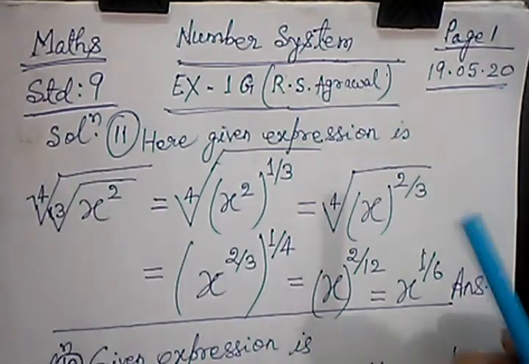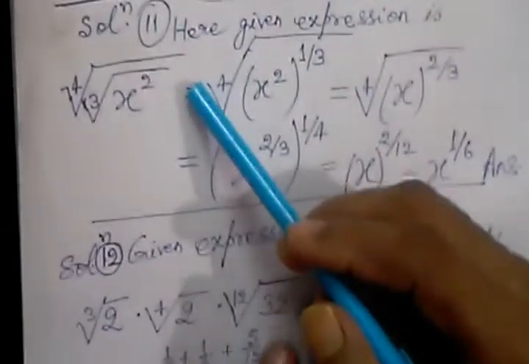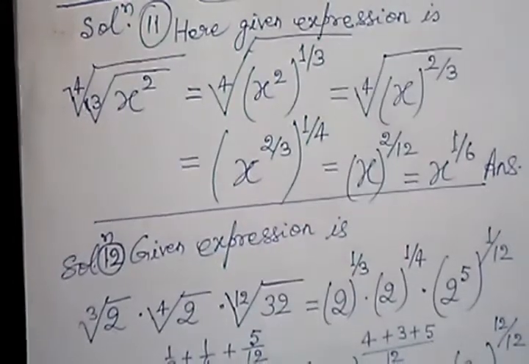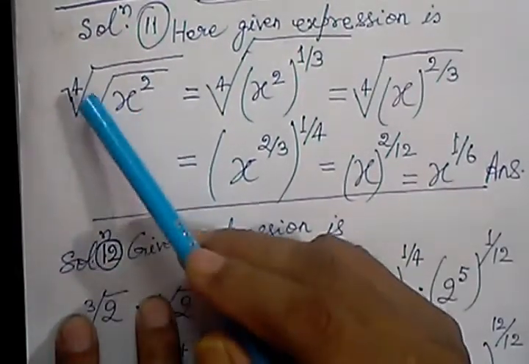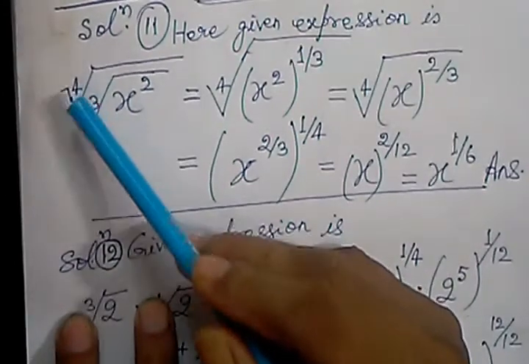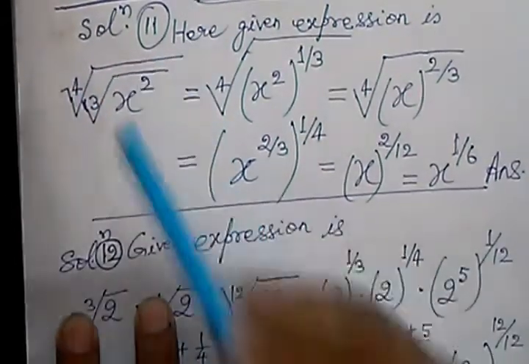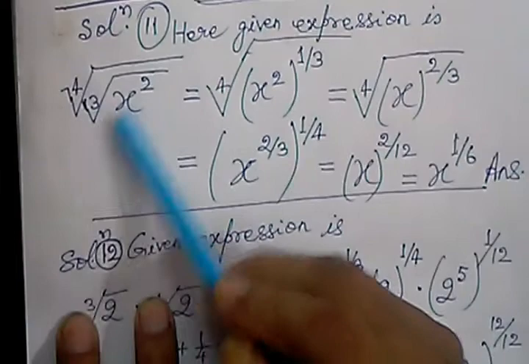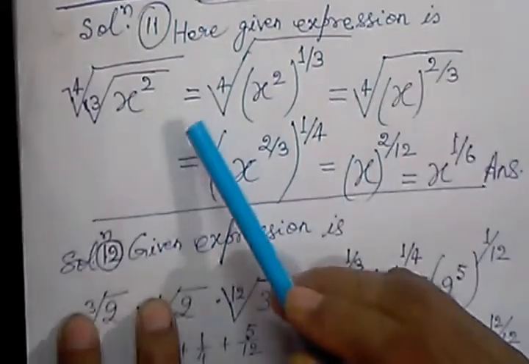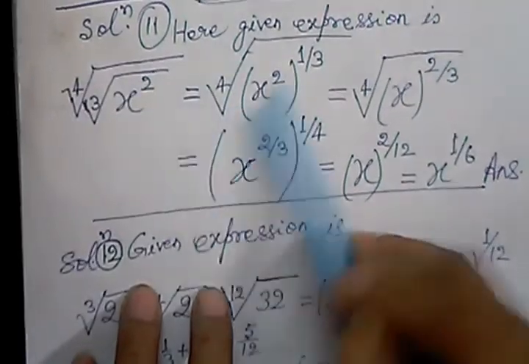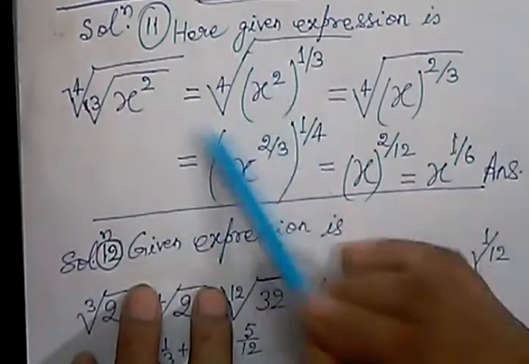Here, the given expression is the fourth root of the third root of x square. So this can be expressed in this way.